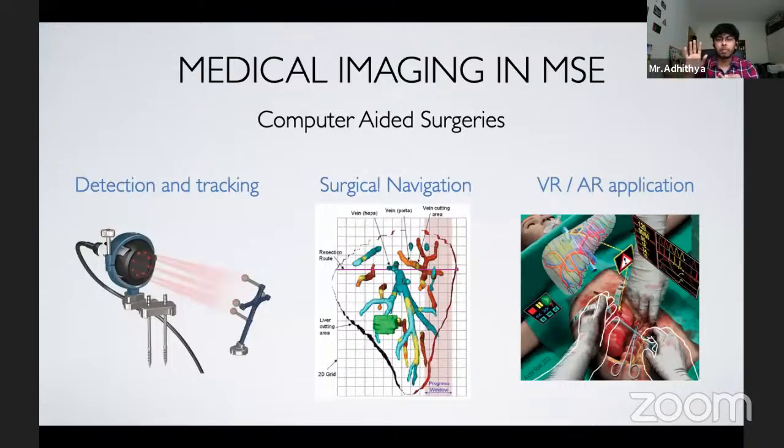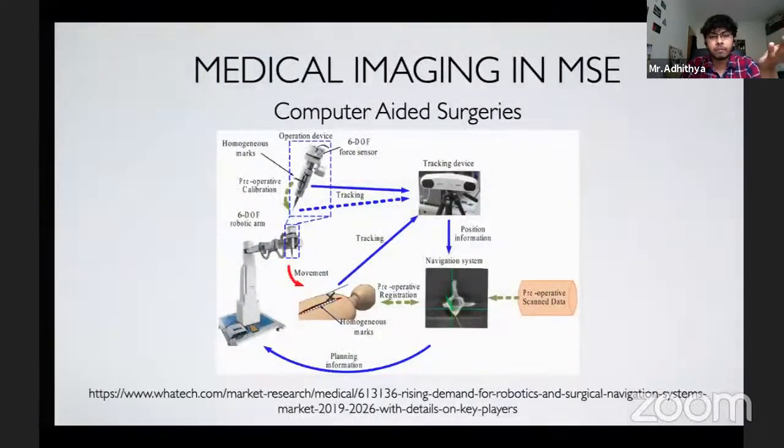So for example, pushing back and pushing front can zoom in and zoom out of the slice, and movement of the hand could actually help to change slice. So that is a really cool technique they are developing here. So that comes under augmented reality. So that is one part of medical imaging.